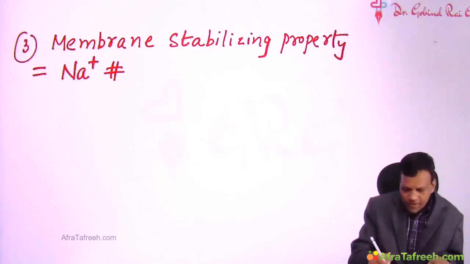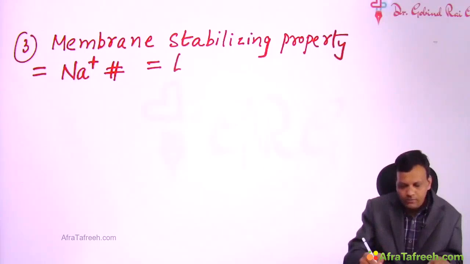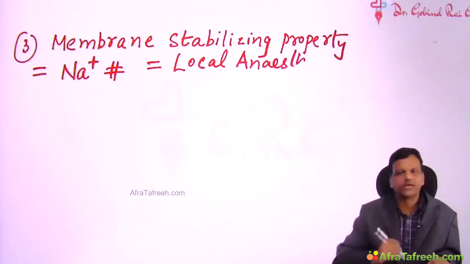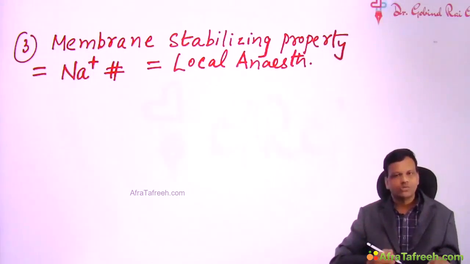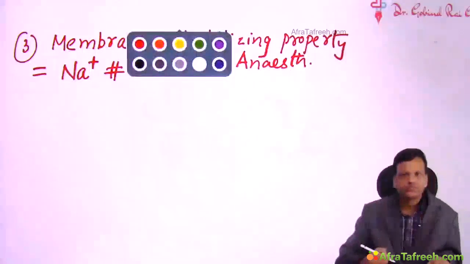And we also know if we block sodium channel in the neurons, it will lead to local anesthetic property. So all these three terms have same meaning: membrane stabilizing property, or sodium channel blocking property, or local anesthetic property. Now coming to clinical importance of these.